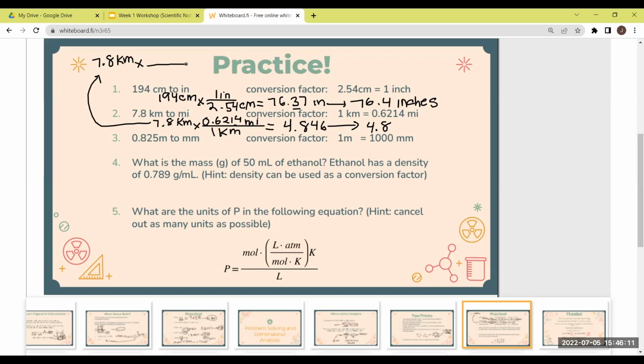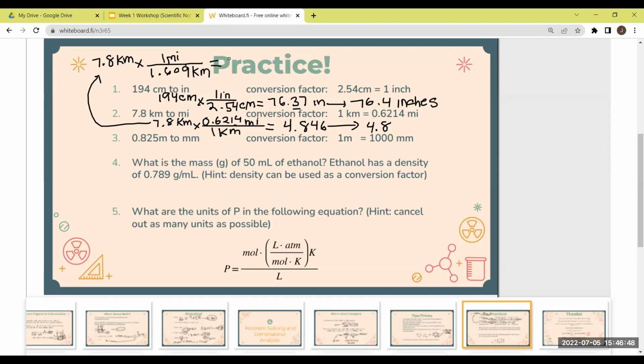And since there's more than one way you can represent this conversion factor, you can also represent it as 1.609 kilometers is equal to 1 mile. This is just a different way to represent what is essentially the same thing. And so if you put that in your calculator, ideally you will get the same answer.